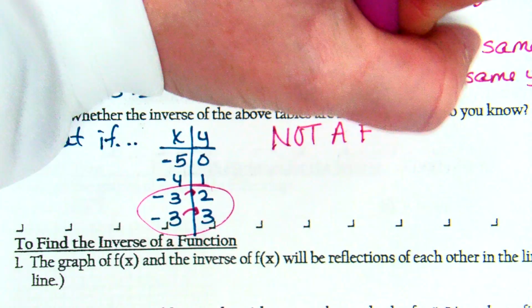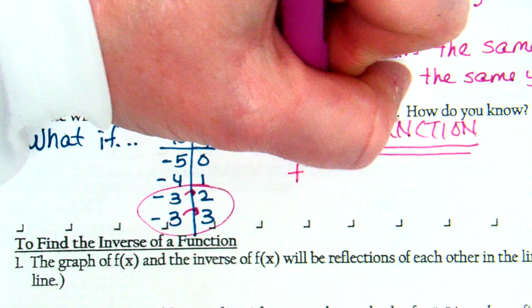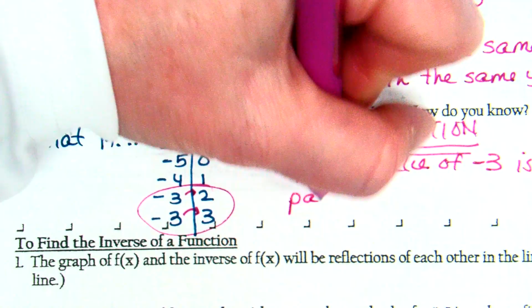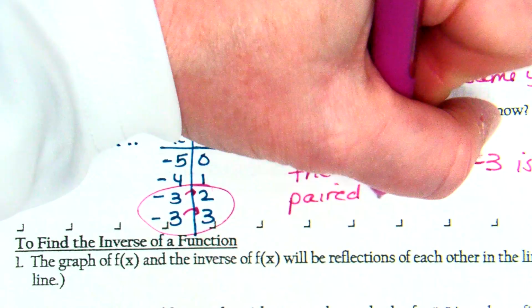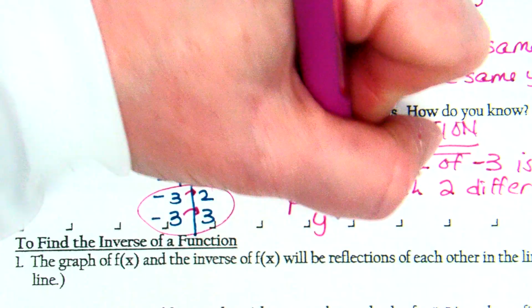The x value of -3 is paired with two different y values. And those two different y values were 2 and 3. And that's your key, guys, okay? The x value of -3 was paired with two different y values, that of 2 and 3.